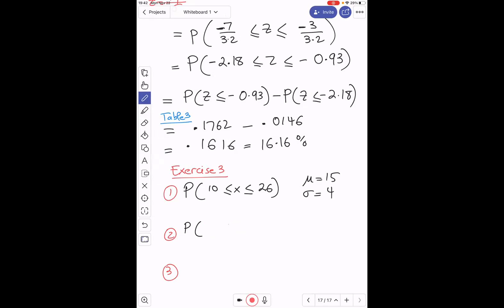So let's see another one. Let's take x larger than 120, and you know that the mean is 100 and the standard deviation is 15. All right, and the last one, the probability that x is between 7 and 9, with mean equal to 5 and standard deviation equal to 1.2.